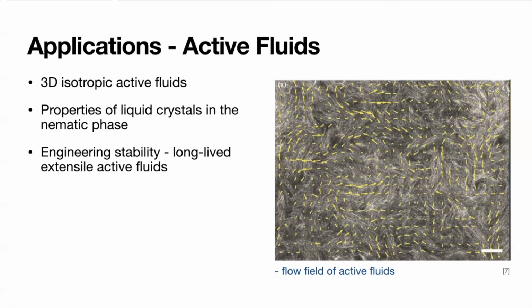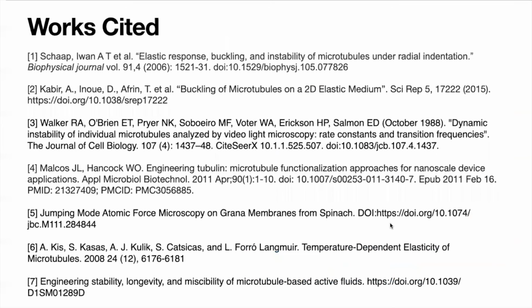Those bundles of microtubules will form a pretty stable, long-lived, extensive active fluid. The fact that microtubules are pretty stiff and stable makes them a nice material for bioengineering. And since bioengineering is needed, it intrigues more researchers about the properties of microtubules. And yes, these are all I wanted to talk about. This page includes all the papers that I cited, and thank you for listening.